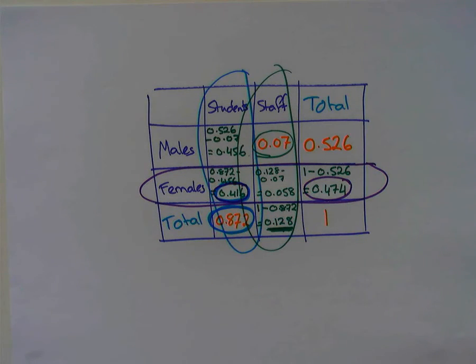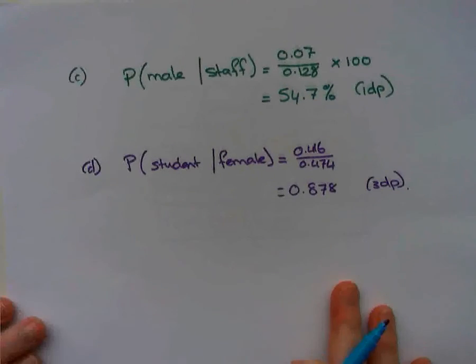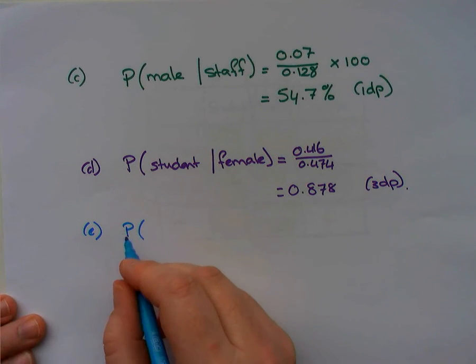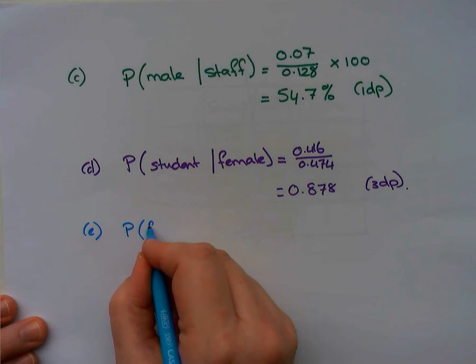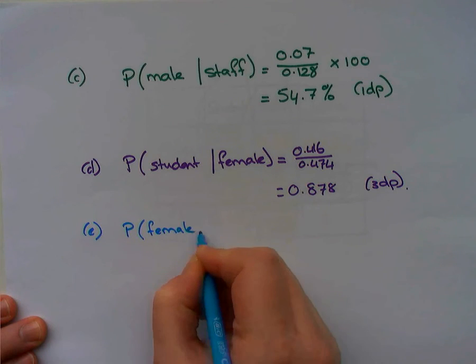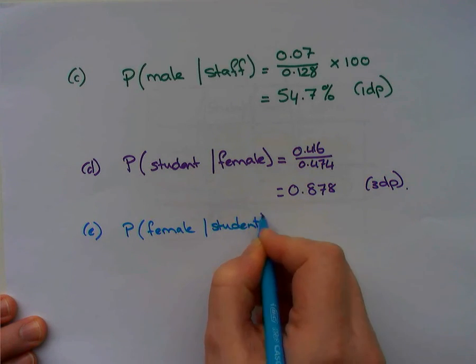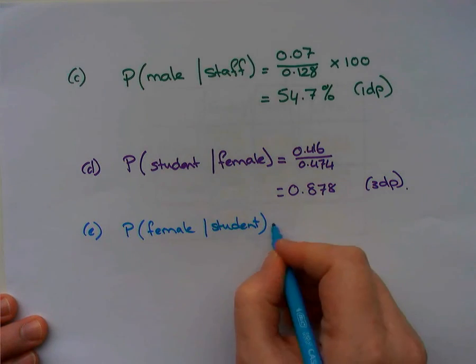So now I'm going to write down my conditional probability for this. Part E, the probability that a randomly chosen student is female. So the probability of being female given that they are a student. I know they're a student, that's the piece I know, and I want to know the chance of being female.